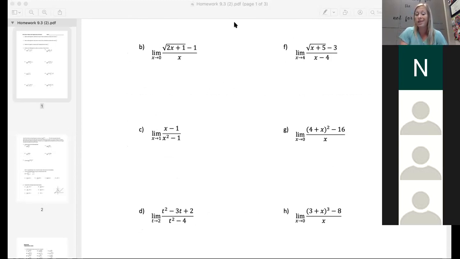So we just don't like to say does not exist because one of our methods doesn't work. You always want to check your graph to make sure that there's a legitimate reason that it doesn't exist. You don't want to just say, well, I couldn't do it with algebra, so I guess it doesn't exist. That's not the way we want to think about it, but that is typically what will happen.